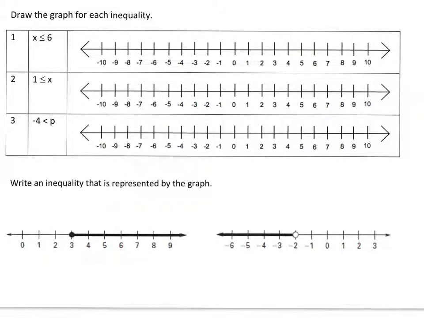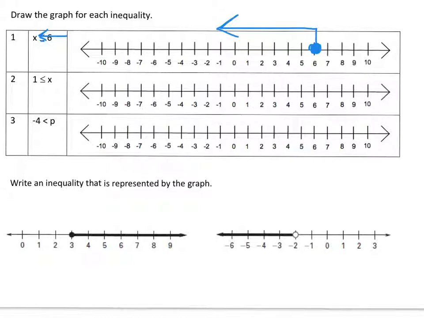Because there's an equal to symbol underneath that, that means it's a closed circle. So I'm going to put a closed circle at the number 6. And then this trick, as long as your variable is on the left, you are going to make that inequality look like an arrow. Whatever direction that arrow is pointing is the same direction your graph will point.